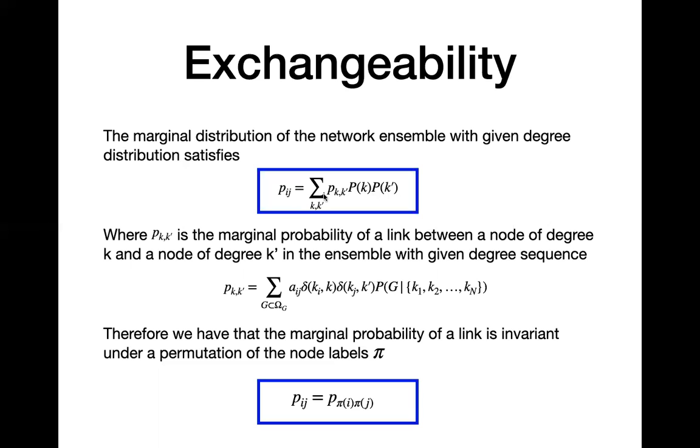So it's just, you express P_ij and you condition on the degrees of nodes i and j, and you have this expression.